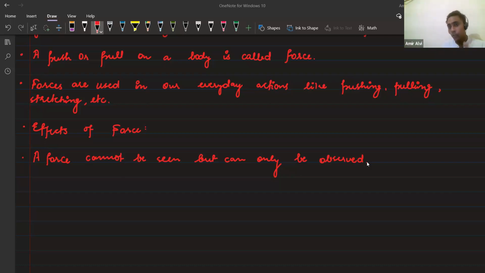And when you slow down the hitting moment of the ball, you will see that the ball changes its shape. It becomes distorted due to the hitting force of the batsman, right? Clear? So in a single example, you have two effects, direction as well as shape. Clear?